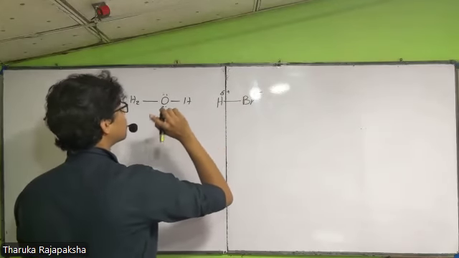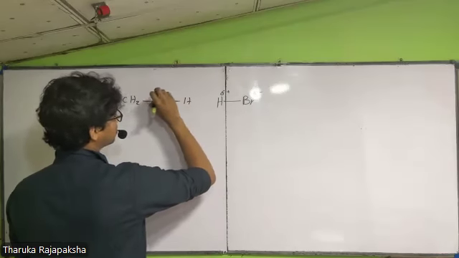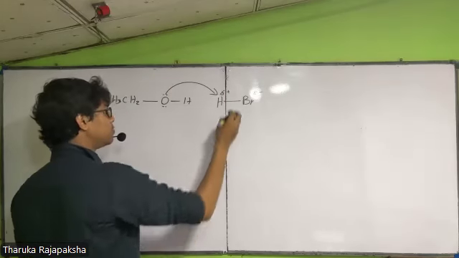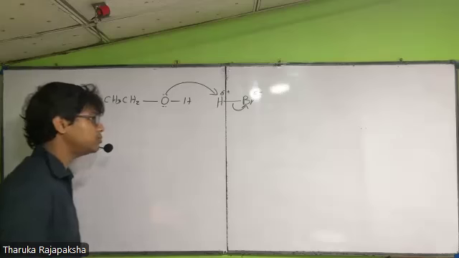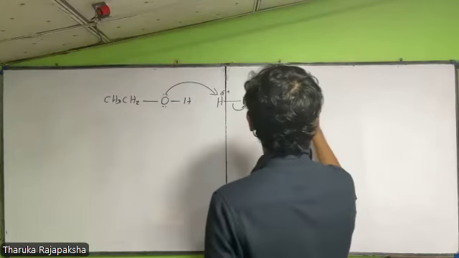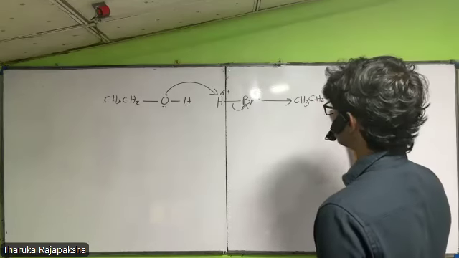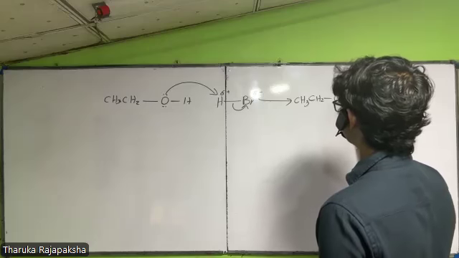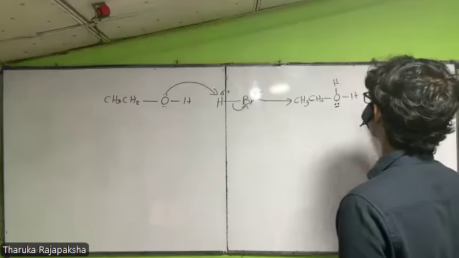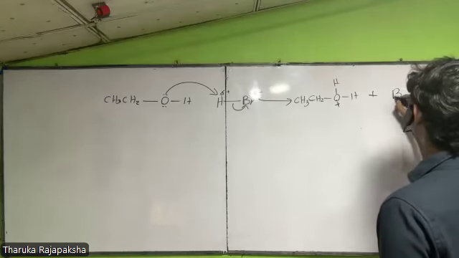Now, you are going to attack this hydrogen, and this bond will break. That bond will break. You get CH3CH2OH2 plus and Br minus.